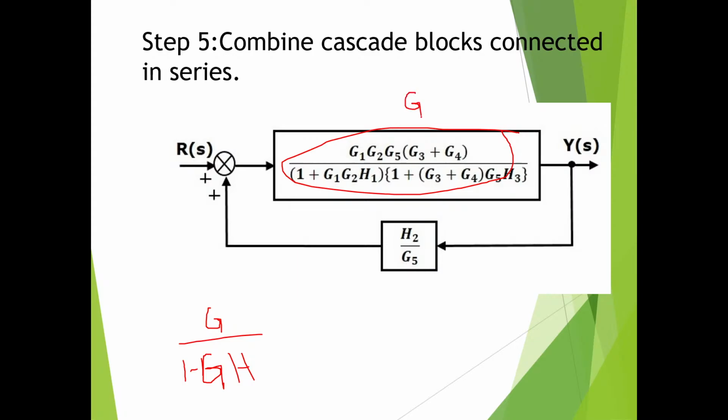If you want to eliminate the positive feedback path, this whole term is our G, and this is our H.